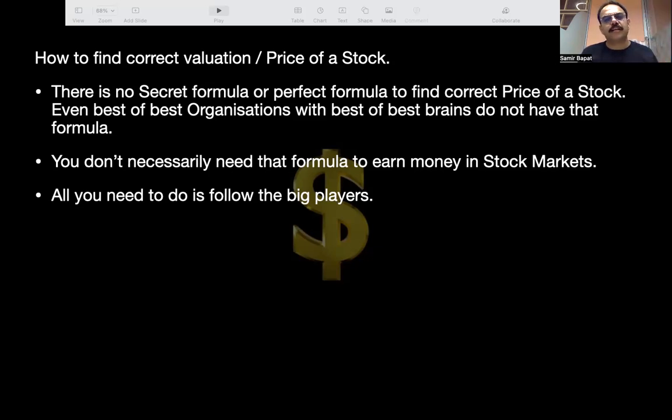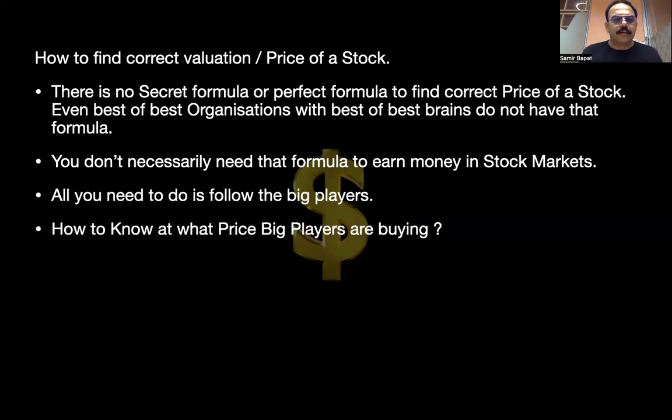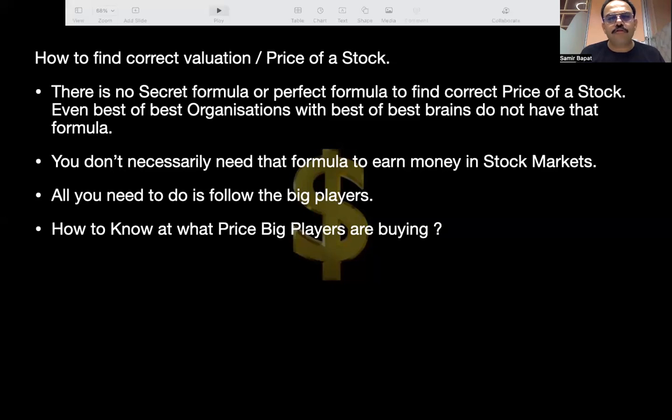Now, in today's session, we are going to understand at what point these big players are buying. We'll go through at least 4 to 5 examples today, and we'll be able to identify very clearly, okay, हाँ दिख रहा है यहाँ पे बड़े players are buying. So how to know at what price big players are buying is the motto of this session.